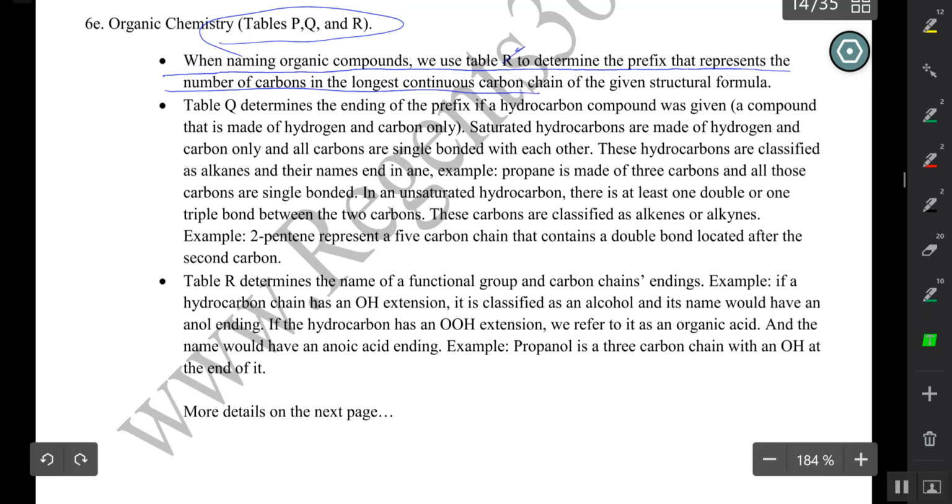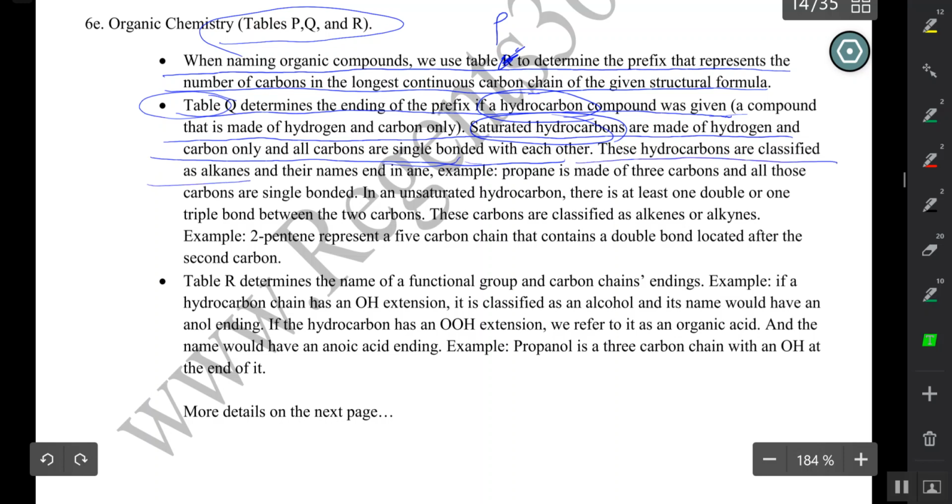This should say table P, not table R. This table Q is only used if we have a hydrocarbon compound. So saturated hydrocarbons, all the carbons must be single bonded.